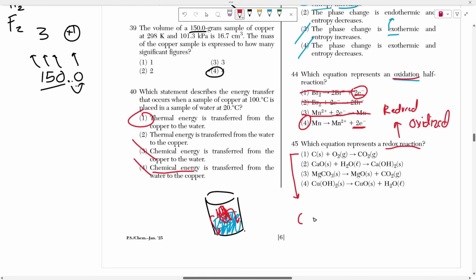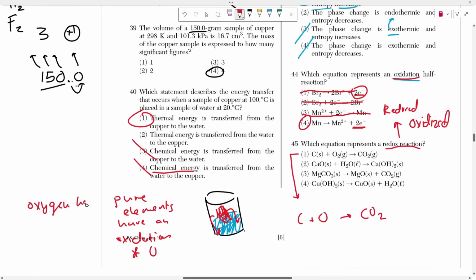The way that we do this is we have to assign oxidation numbers, all right? And there's just some simple rules that we need to follow here. The first rule is that pure elements have an oxidation state of 0. And the second rule is that oxygen has an oxidation state of -2 when bound or bonded to something, okay?